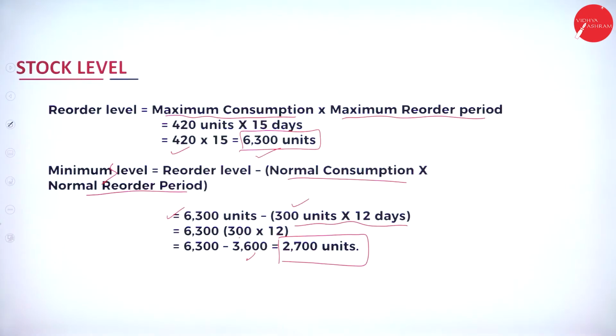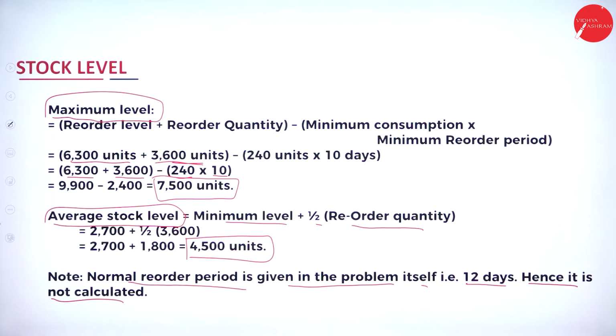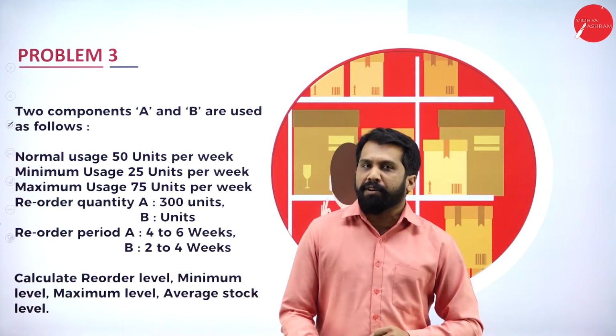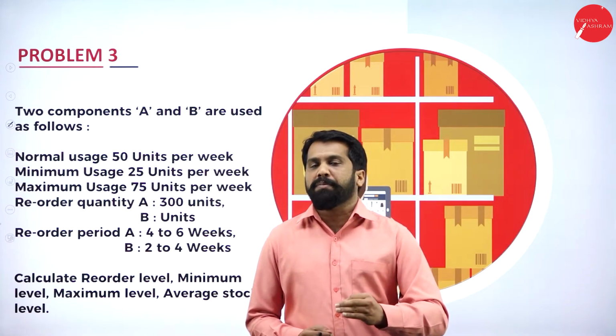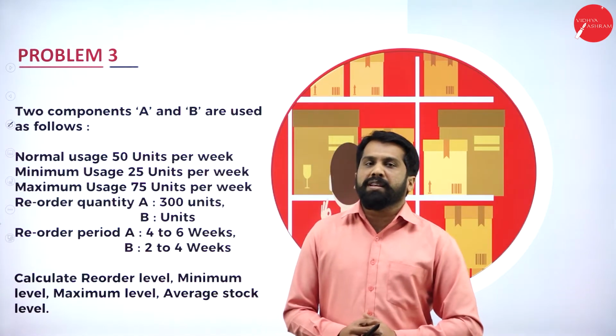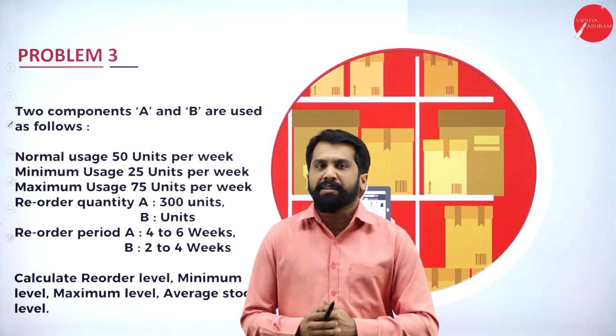In this you have minimum stock level also. In this you have average stock level also. So this is all about your first problem for the day. Hope you understood, because everything is based on formulas. We'll go for the last problem on stock level.